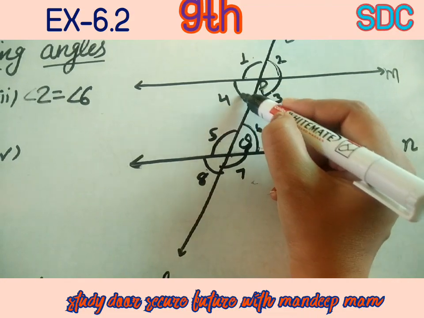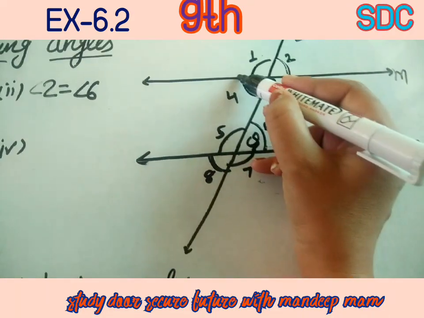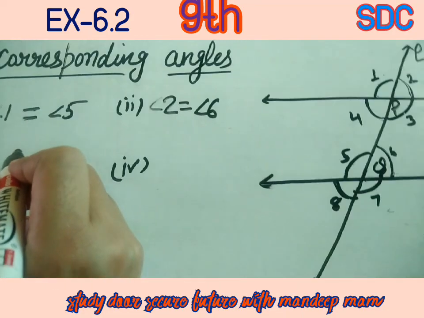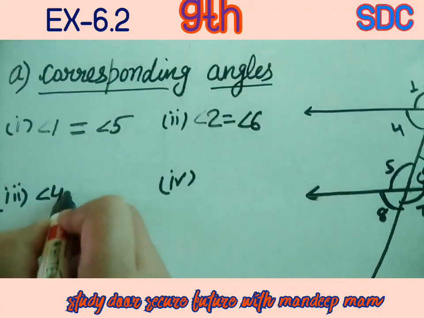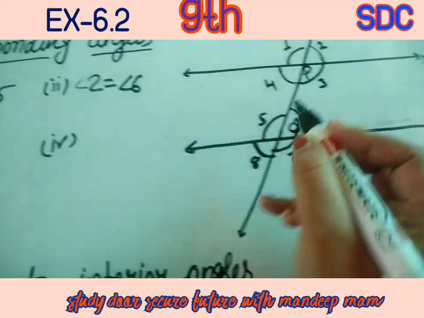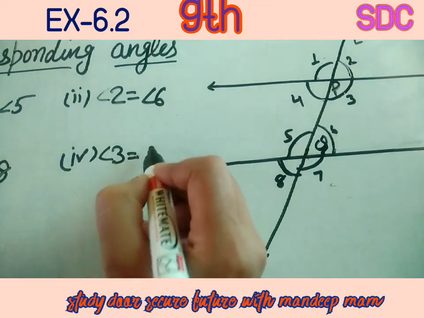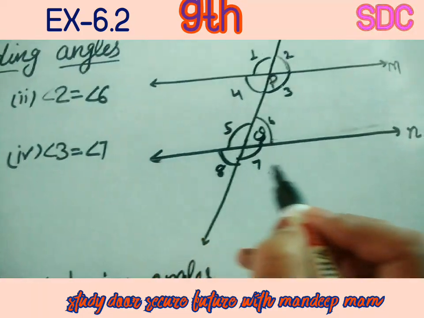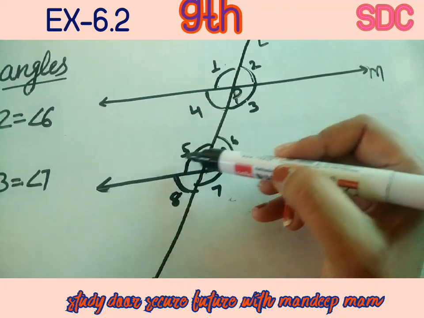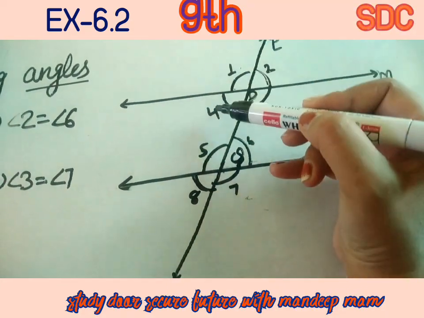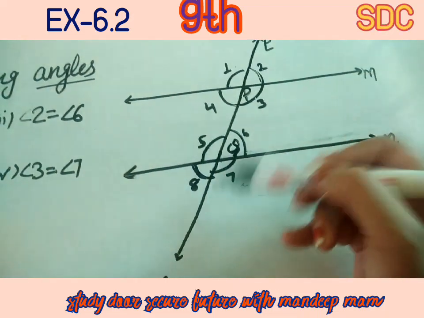The other is angle 4 and angle 8, both below the lines. And the fourth will be angle 3 and angle 7. These are all our corresponding angles, which are either above the line or below the line on the same side of the transversal line.